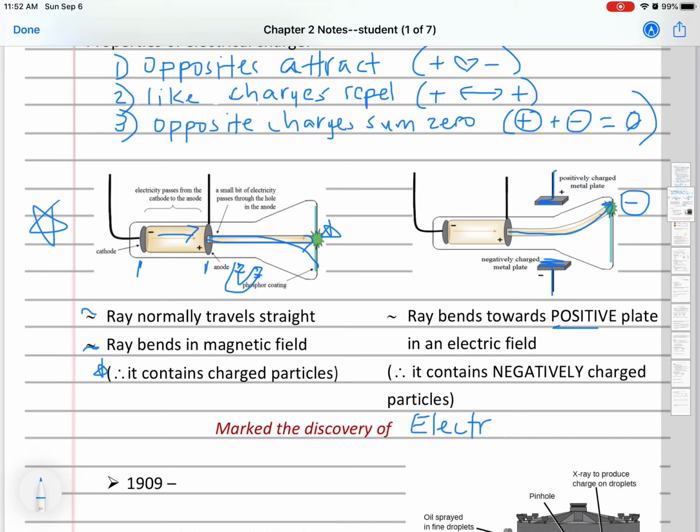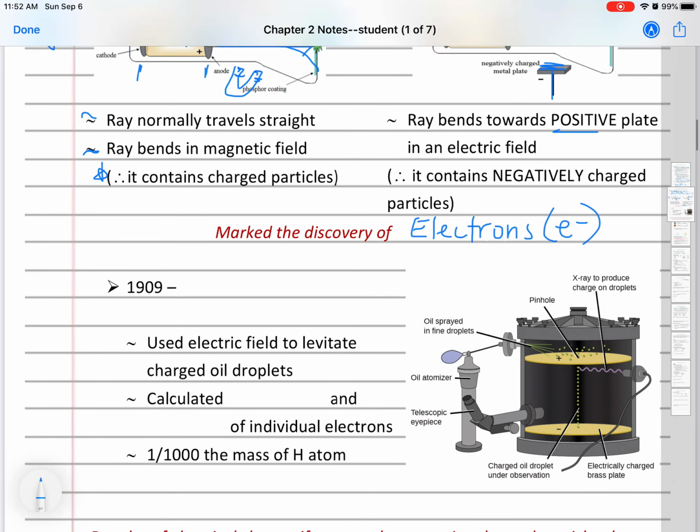They were the first subatomic particle to be discovered. Matter, although it appears neutral, is actually made up of charged particles. So electrons, which we can abbreviate with a little e and a minus sign. Now we know that there are some negatively charged particles.